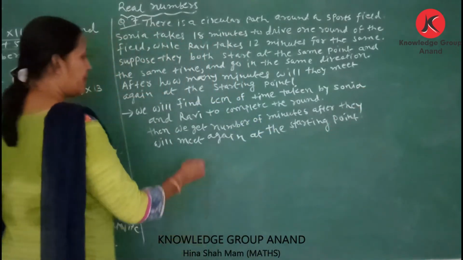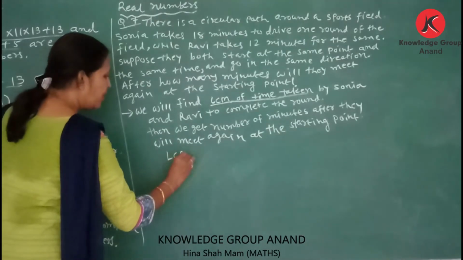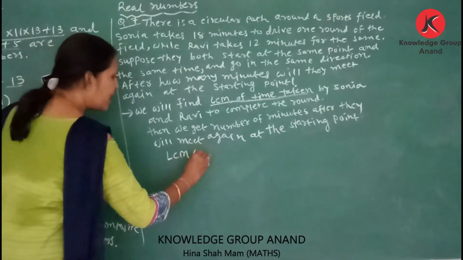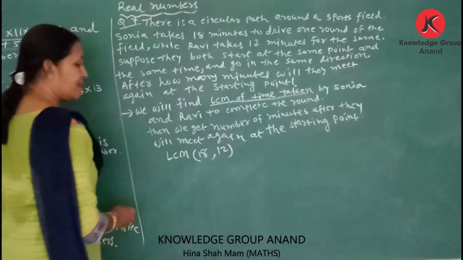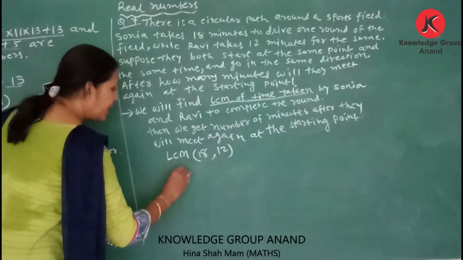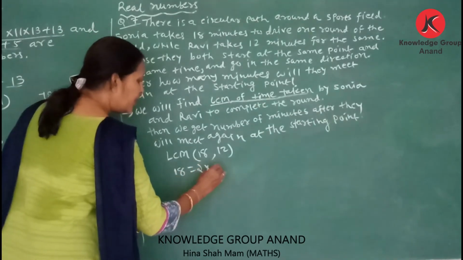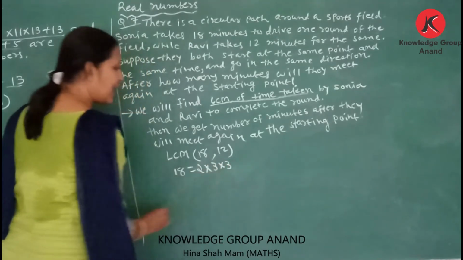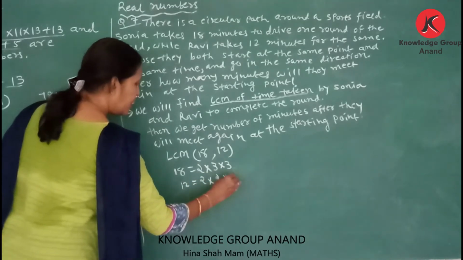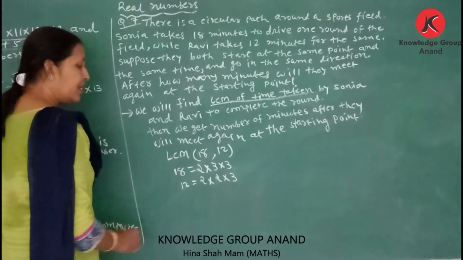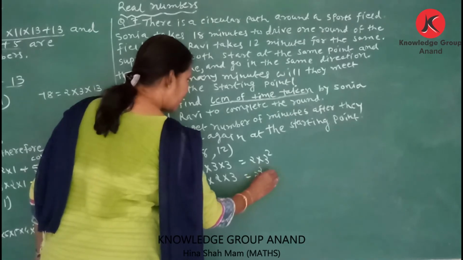Now we find the LCM of time taken. 80 is equal to 2 into 3 square, hmm, and 12 is equal to 2 2s are 4, 3s are 12. We write 12 as 2 square into 3.